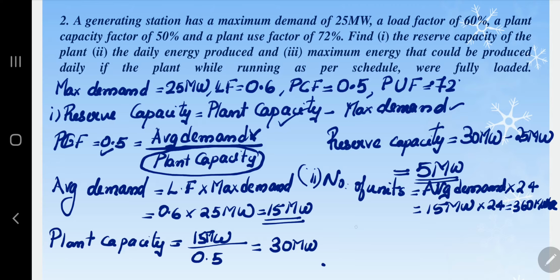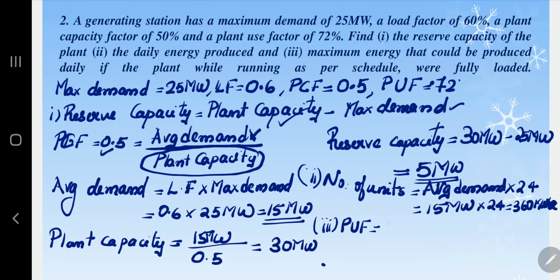Now we can find out the third one. The number of units will always be given in megawatt hour. Third, you have to find out the maximum energy that could have been produced if it was fully loaded and running as per the schedule. From this, you have to identify that it depends upon how much the plant is being used, or the plant use factor.